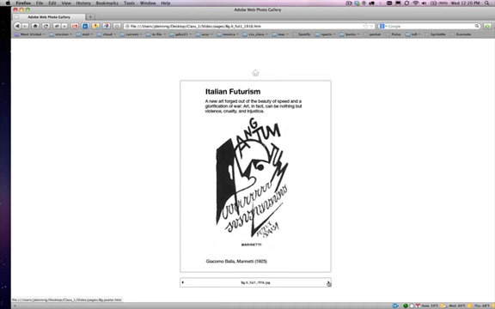So when we start talking about these movements, Italian Futurism being more of an art movement, and Art Nouveau being more of a design movement, you'll see that these movements were inspired and born out of political issues. And the world really was transformed in the early 1900s. And we have seen in the last 150 years huge amounts of change.